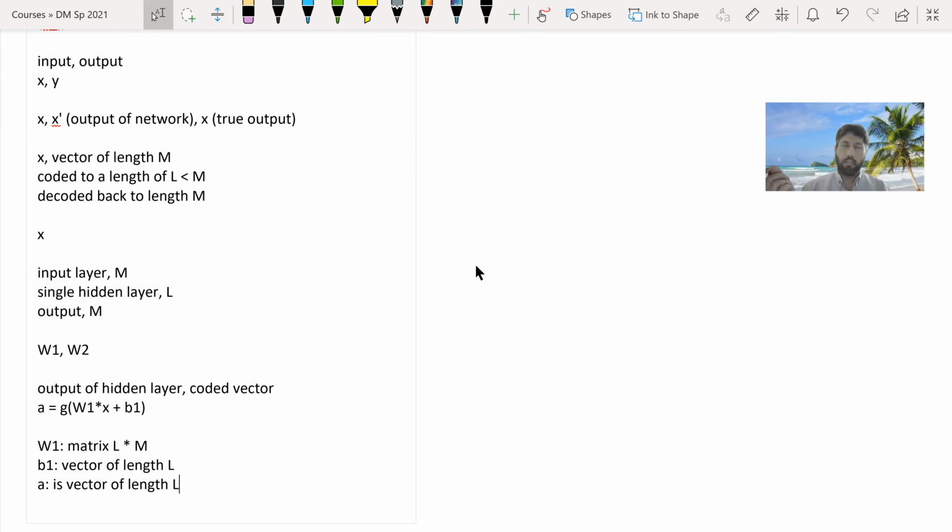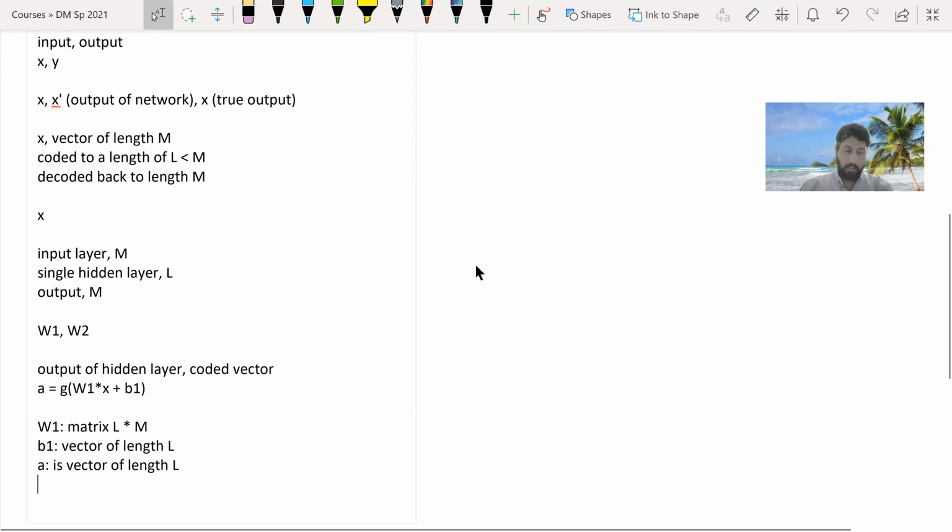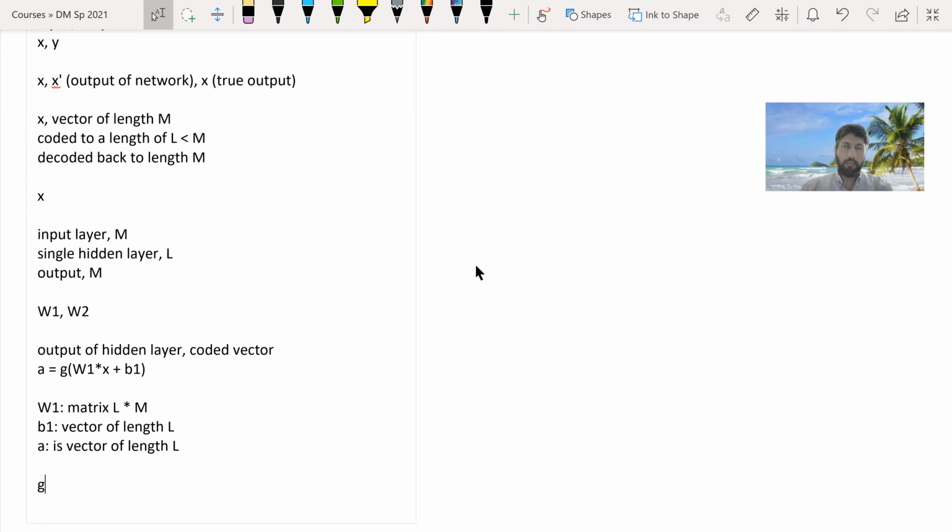Okay? And the function G is an activation function, a nonlinear activation function, and usually it is the hyperbolic tangent. The hyperbolic tangent is an S-shaped function from +1 to -1. Okay? It's a smooth function from +1 to -1.